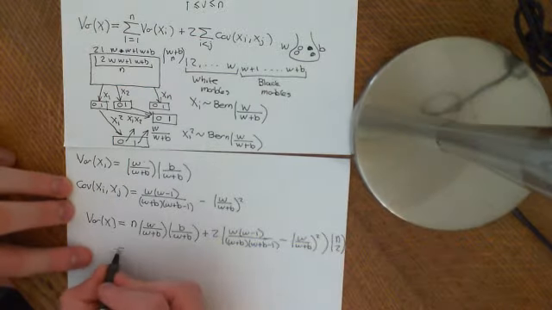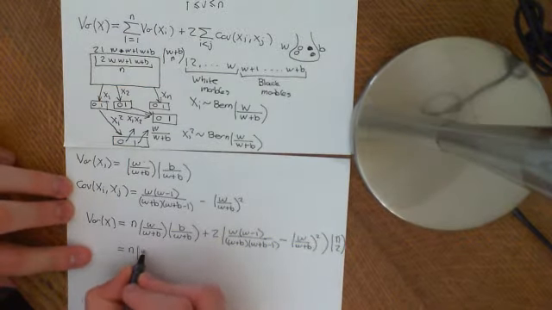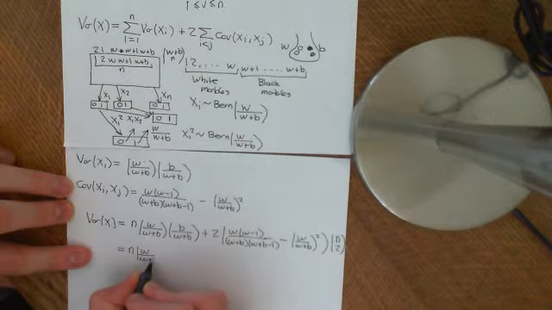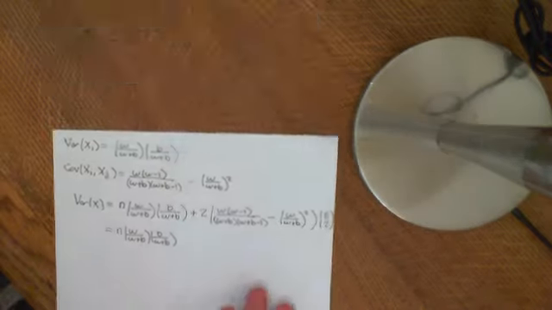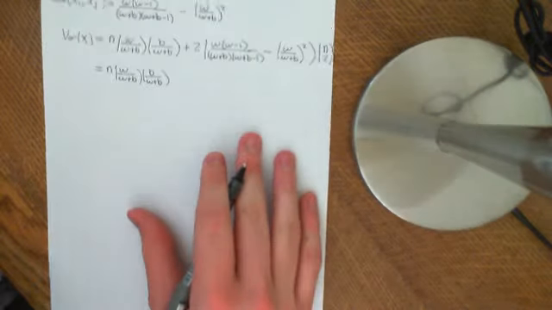Okay, so this becomes n times w over w plus b times b over w plus b. So all that remains to do now is to simplify everything to try and get it into a nicer form.